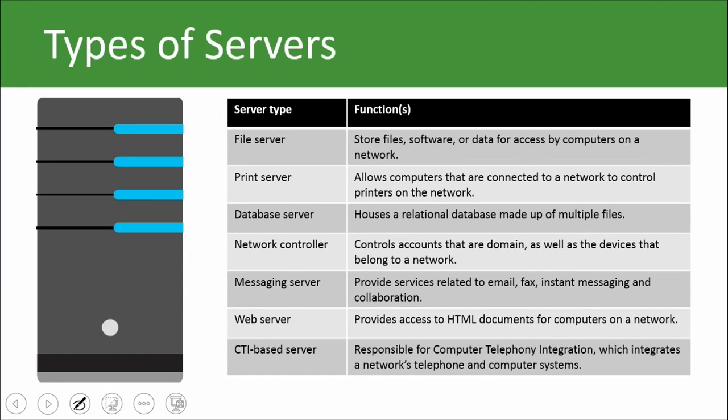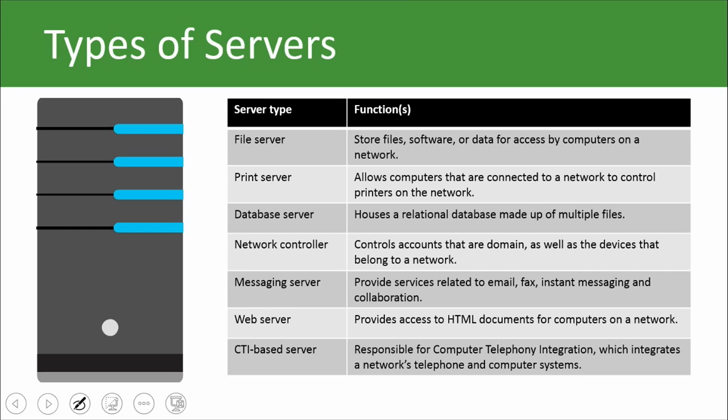Let's talk about different types of servers, speaking of watching videos. You got file servers, print servers, database servers, network controllers. They control accounts that are on a domain. So if you're working for a school district, or if you happen to be working for a company like Microsoft, there's a domain that you probably have an email address for.